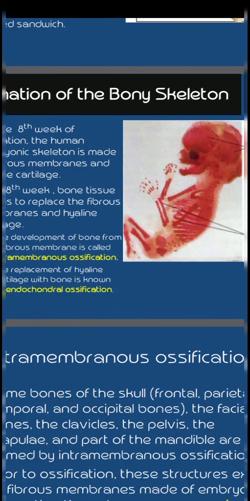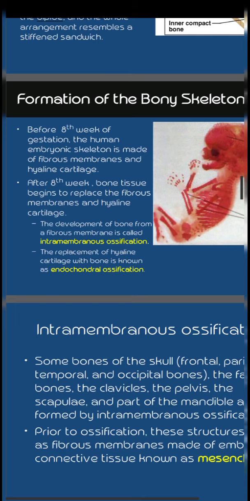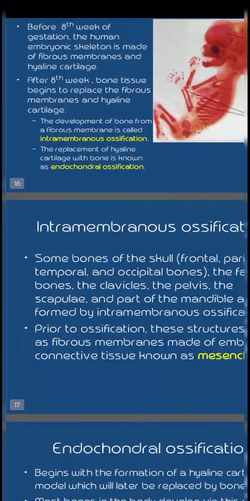After the 8th week, bone tissues begin to replace the fibrous membranes and hyaline cartilage. The development from the fibrous membrane is known as intramembranous ossification, which helps in forming flat bones and irregular bones. The replacement of hyaline cartilage with bone is known as endochondral ossification. That forms the long bones.